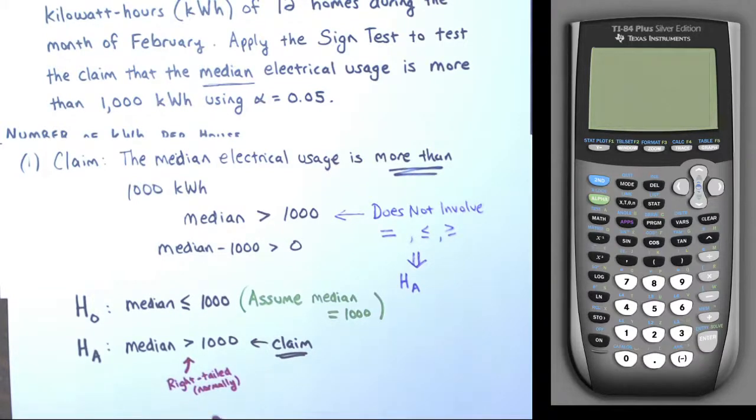But I'll just say one-tailed for the sign test. So I'm going to ignore the right-tailed for now and just say one-tailed, but it is one-tailed.